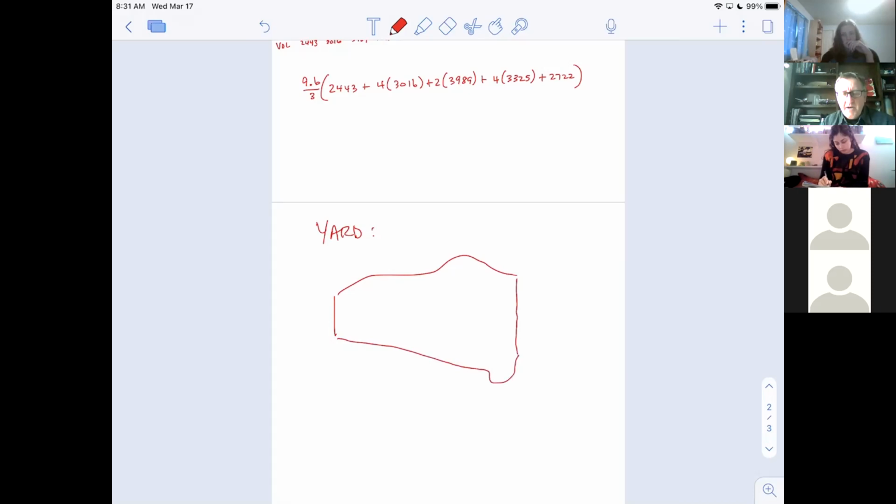So you have this weird shape and you want to know the area of it. And so you have to divide this into an even number of spaces so that you end up with an odd number of numbers to add together. So let's go back to what we did a second ago. I'm going to divide it into 6 parts so that I end up with 7 numbers to add together.